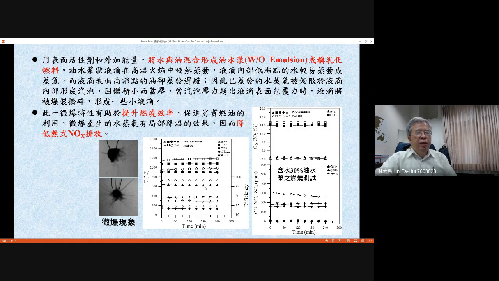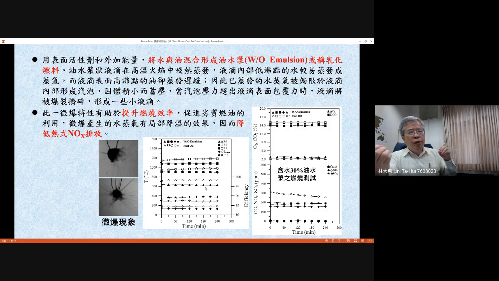As I mentioned earlier, when you mix a certain amount of water with the fuel, the water will absorb heat and reduce the temperature distribution in the combustion chamber. But since some micro explosion occurs, you redistribute your large droplets into many tiny droplets to improve the overall combustion behavior. That means you will improve the combustion efficiency.